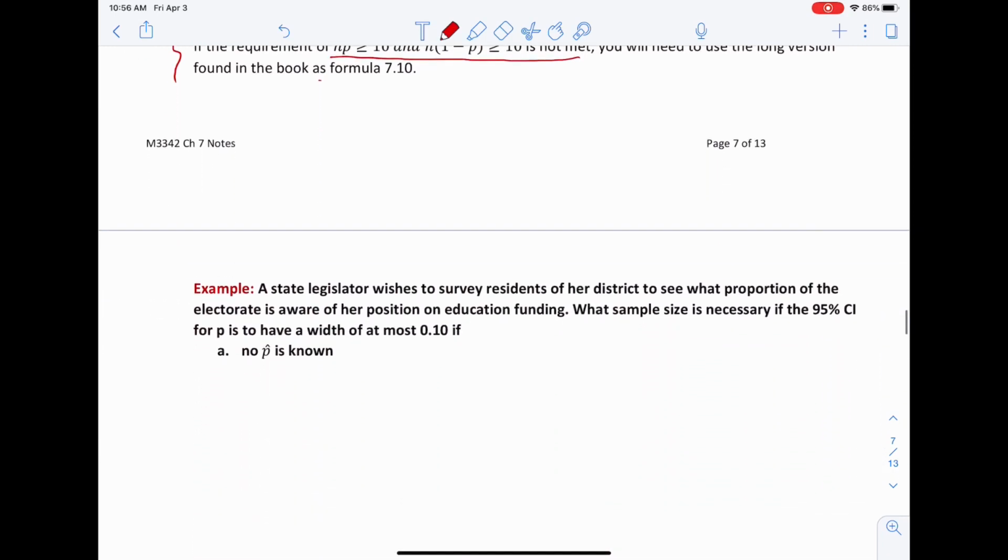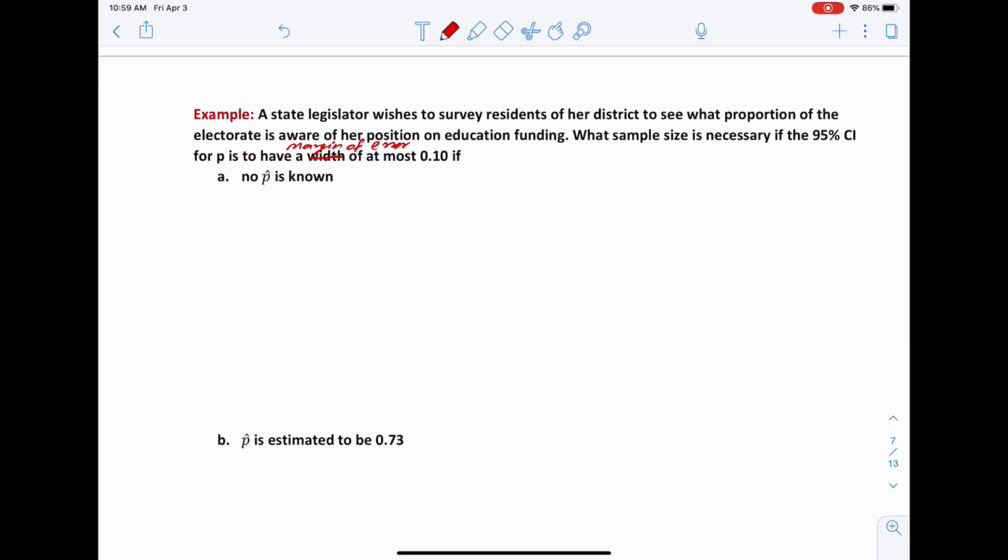Okay, let's see an example. A state legislator wishes to survey residents of her district to see what proportion of the electorate is aware of her position on education funding. What sample size is necessary if the 95% confidence interval for p is to have a margin of error of at most 10%?